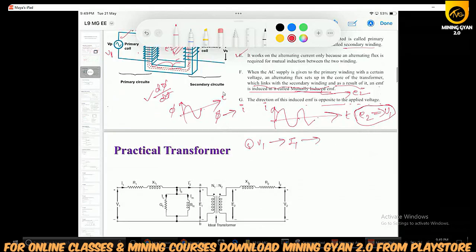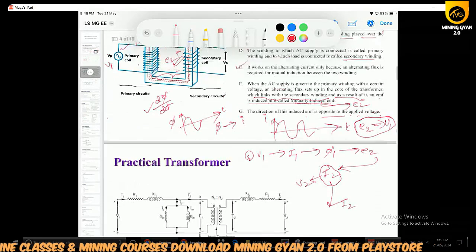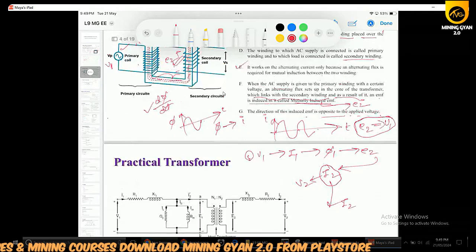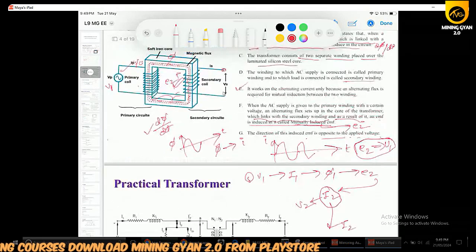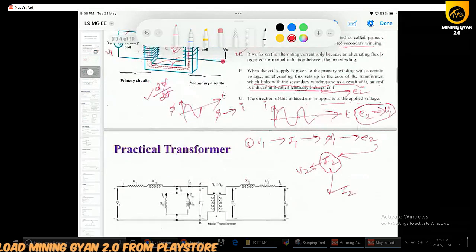Because of I1, Phi1 will come, and because of Phi1, E2 will come, and because of E2, I2 and V2 will come. When the circuit is closed, then only I2 will flow. Otherwise, there will be no flow of current when the circuit is open at these ends. So that is the working principle of a transformer.